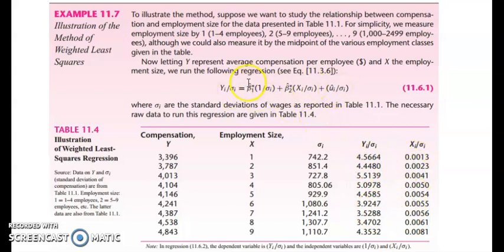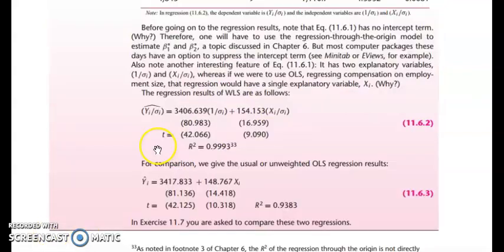So the new regression model will be y star on x star, and since the intercept is also divided by sigma i, we have 1 over sigma i, so we need to regress y star on 1 over sigma i and also x star. This is the estimation output. You see the new regression model does not have any intercept.